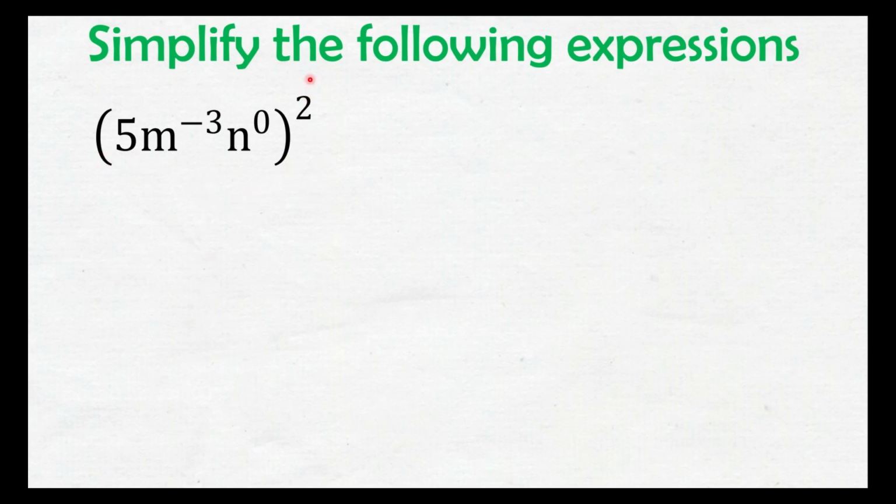So, gagawin ko dito is didistribute ko itong 2 sa 5m at saka n. So, nag-apply tayo ng power of a power dito or power of a product. Okay, so didistribute ko itong 2 sa 5m at saka sa n. So, we have 5 squared m raised to negative 3 times 2. So, pinagmumultiply natin yung exponent natin dito, negative 3 at saka yung exponent na 2.